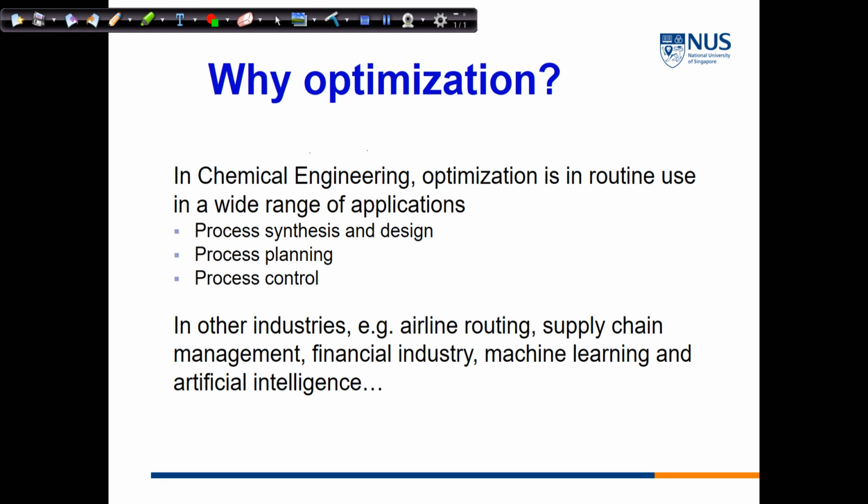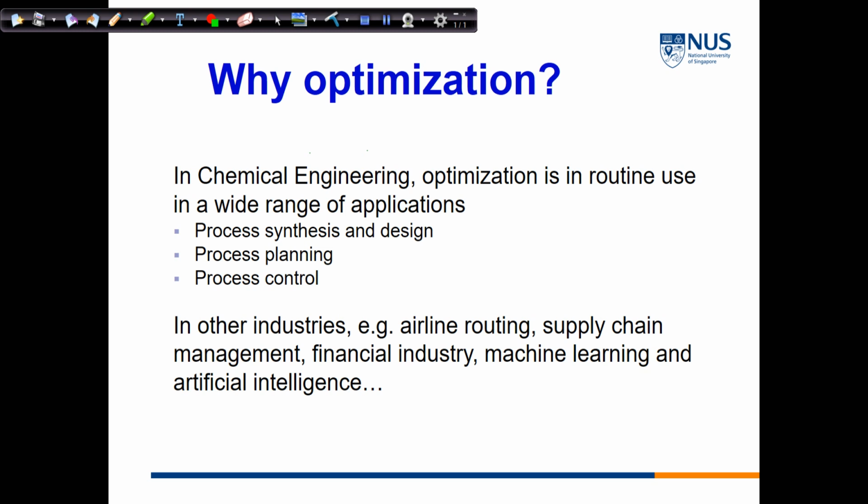So we will have some lecture content covering how to do machine learning along with the optimization content. And you will see optimization is a very important element if you want to get a good machine learning model.